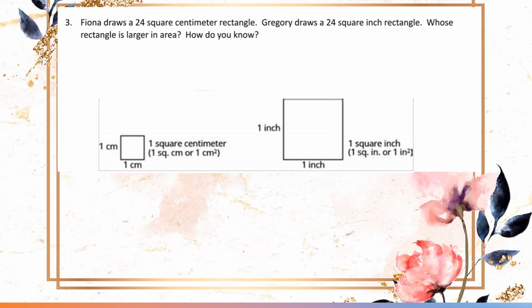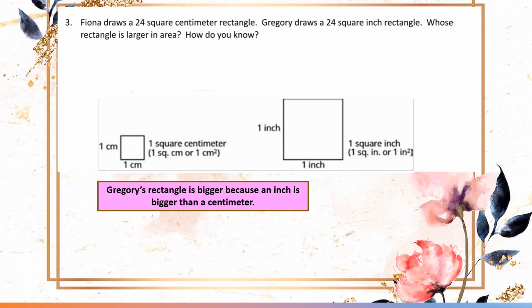And Gregory used the big one, inches. Whose rectangle should be larger? Gregory's, of course, because Gregory used a larger unit of measurement. Gregory used inches. So, your sentence to answer the question should say, Gregory's rectangle is bigger because an inch is bigger than a centimeter, as you can see.